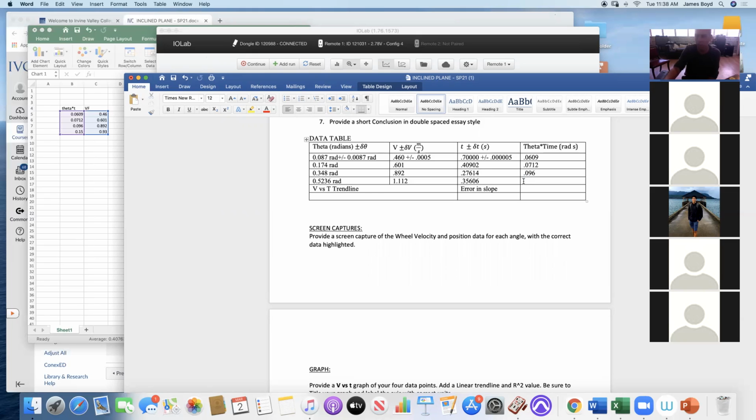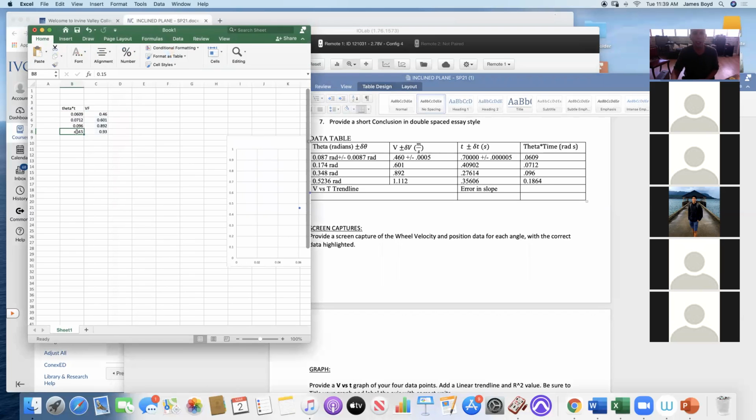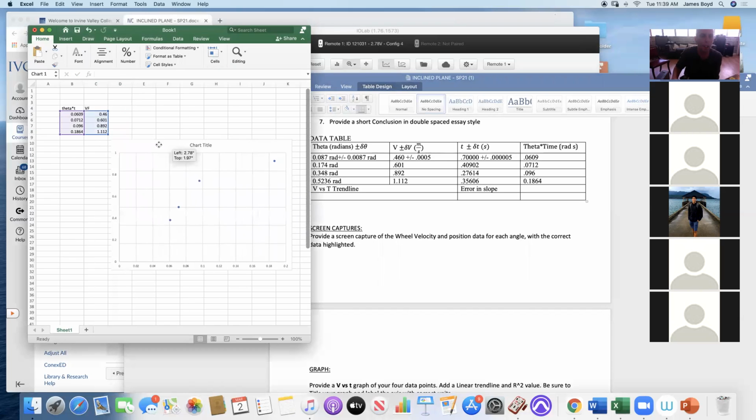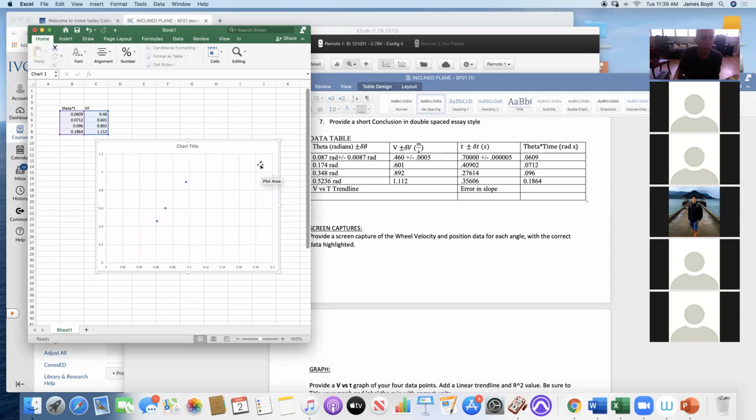But let's look at where the data lies on there. So theta times t is 0.35606 times 0.5236, 0.1864, and changing this to 1.112. My data point's still way off.